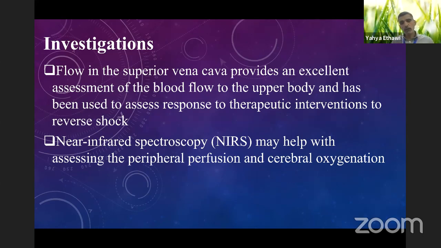The wavelength of near infrared is very close to the hemoglobin, and it's very close to the oxyhemoglobin. So it measures the oxyhemoglobin. Remember that the pulse oximetry measures about 600, and it measures the oxygen attached to the hemoglobin, and it's more to measure the arterial oxygen, while the NIRS measures more the venous side of the oxygenation.